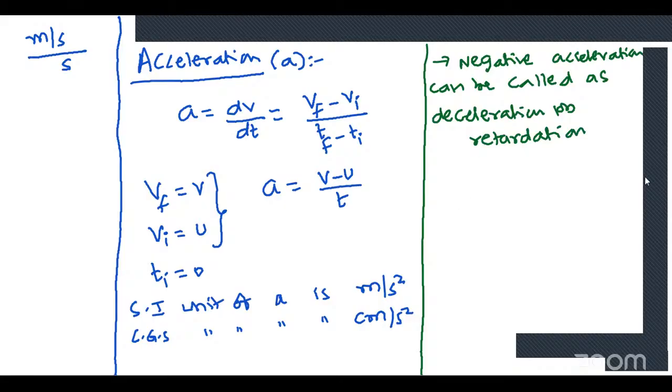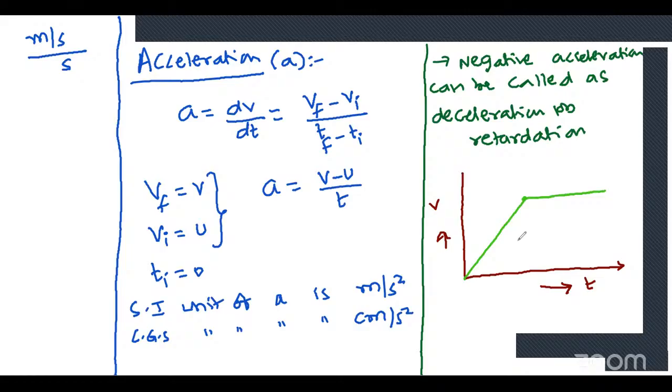Suppose let us consider we are having a graph. On x-axis it is time and on y-axis it is velocity. If a particle is moving straight and then moves with constant velocity, this is up to time t1 and here it is t2.